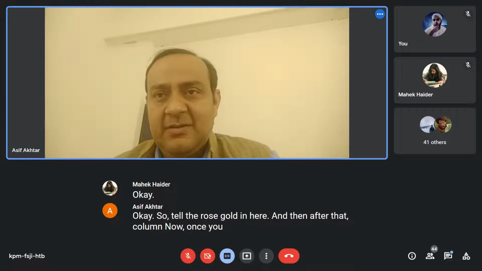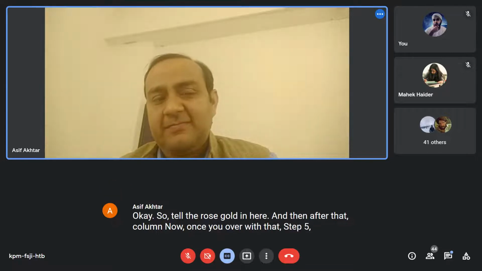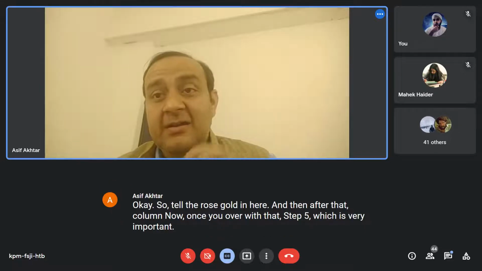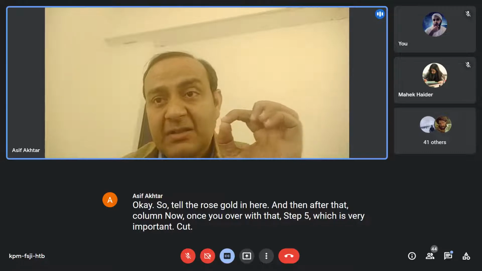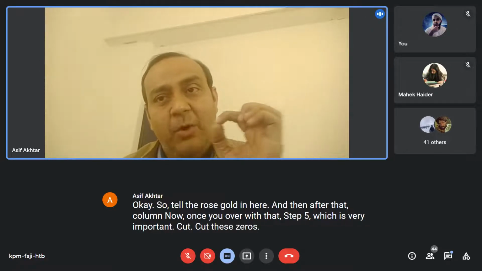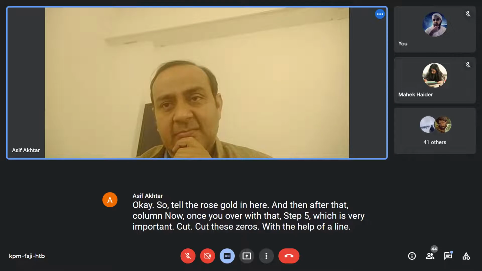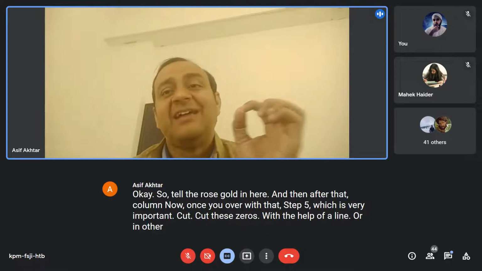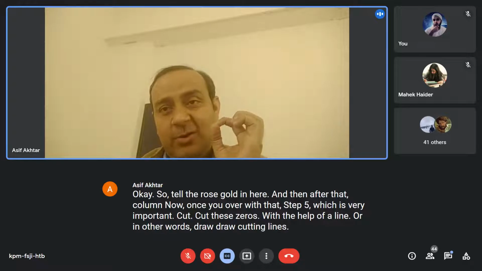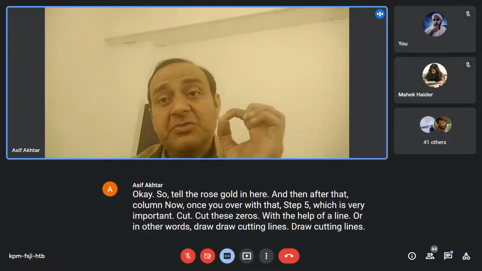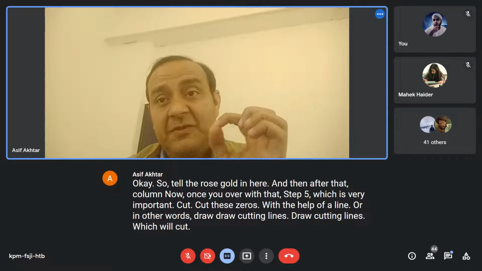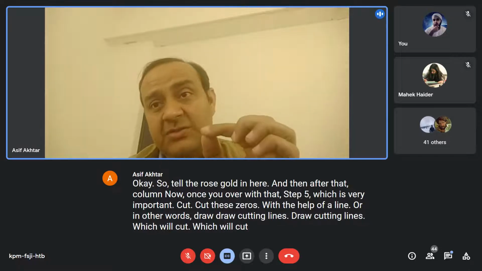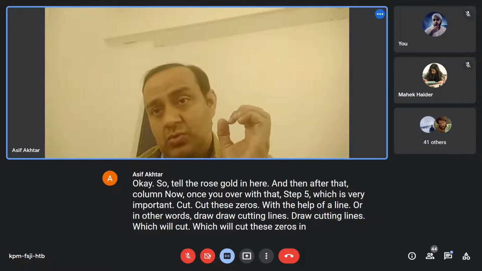Now once you are over with that, step 5, which is very important. Cut these zeros with the help of a line, or in other words, draw cutting lines, which will cut these zeros in one go.